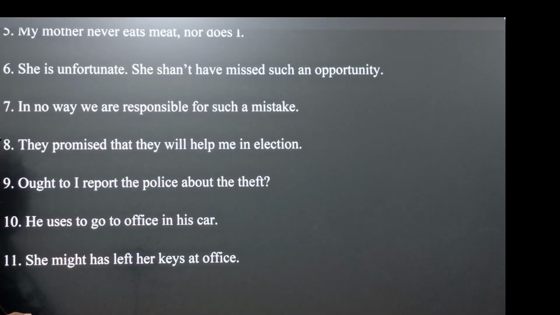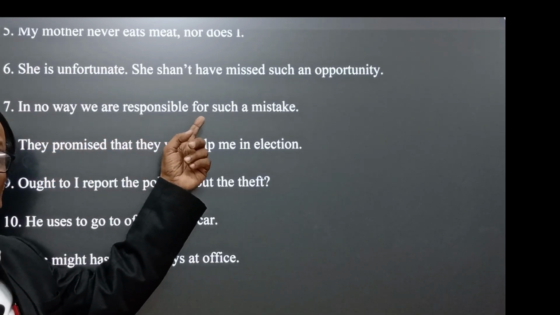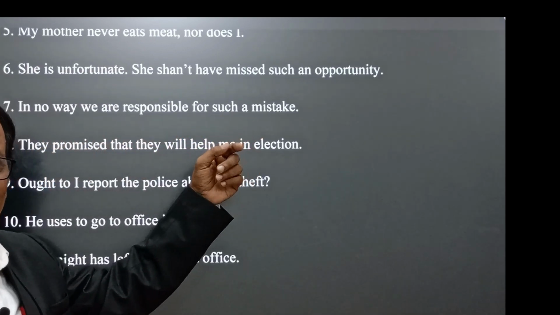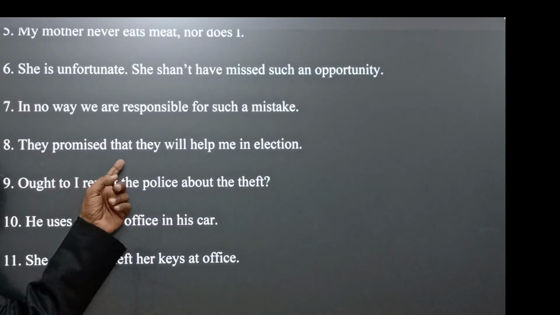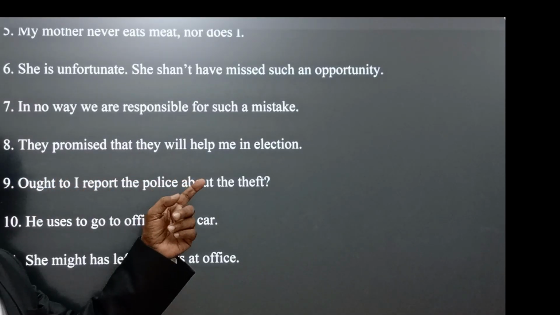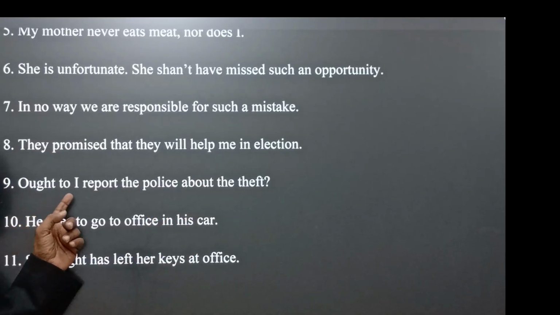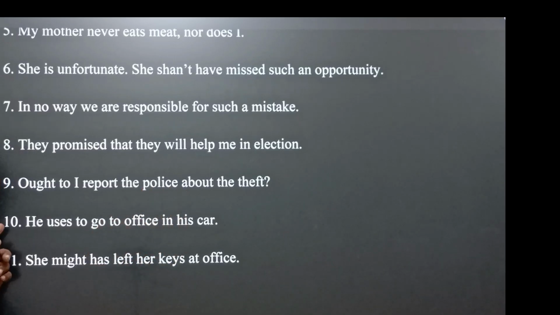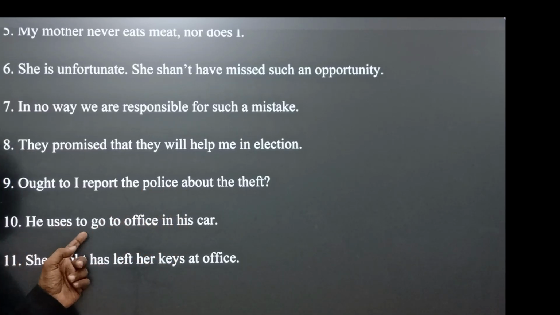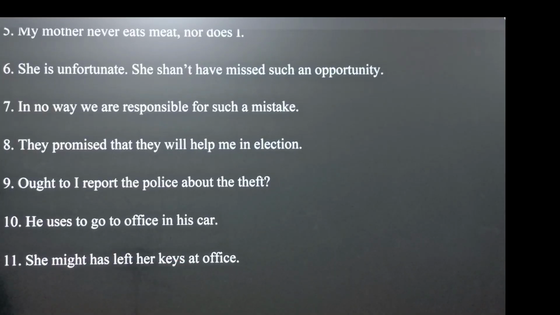Question number 7. In no way we are responsible for such a mistake. Next, question number 8. They promised that they will help me in election. Next, number 9. Ought to I report the police about the theft? Question number 10. He uses to go to office in his car. Question number 11.